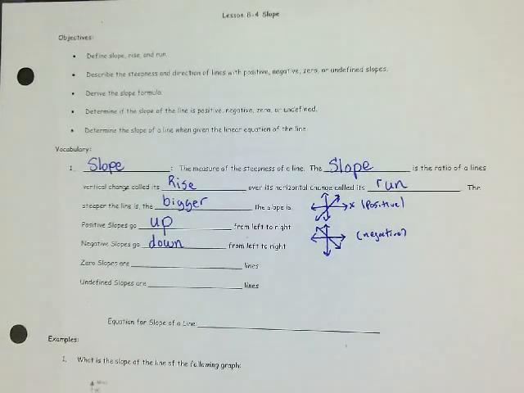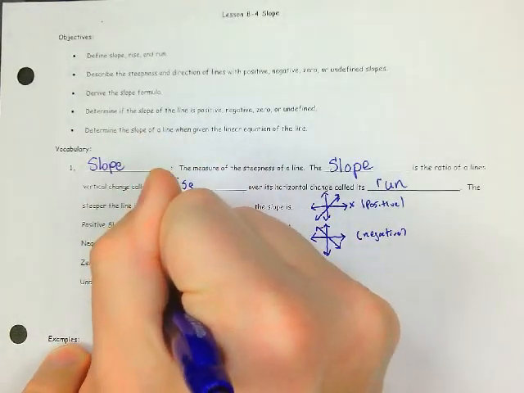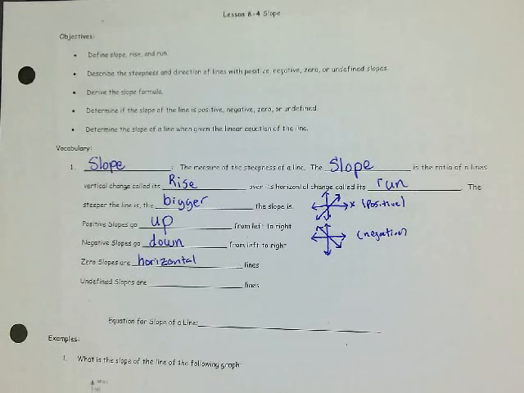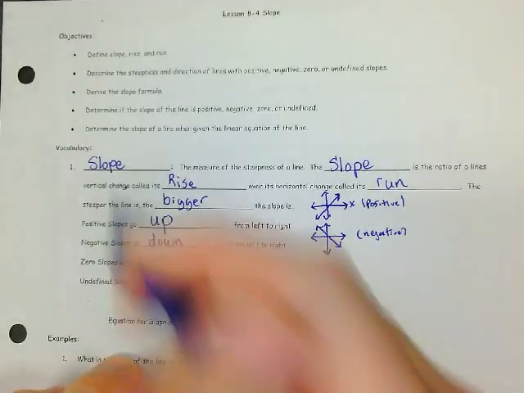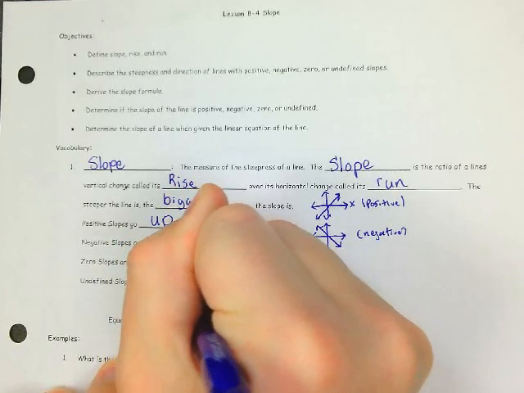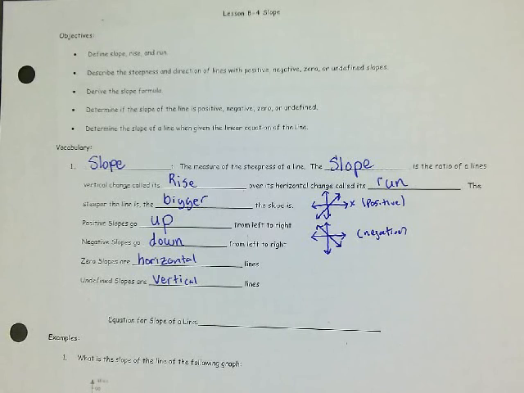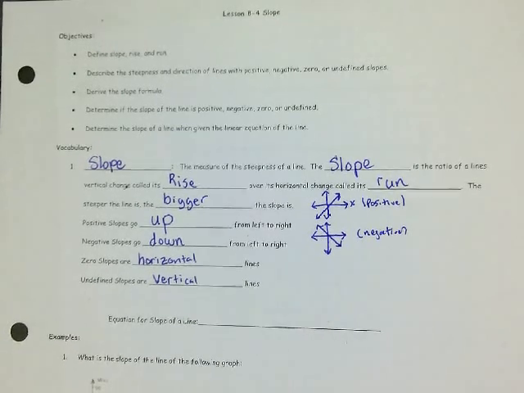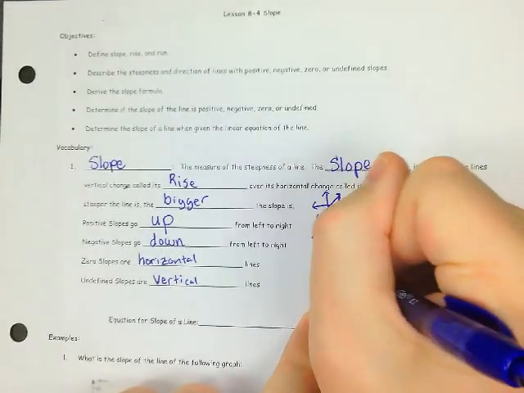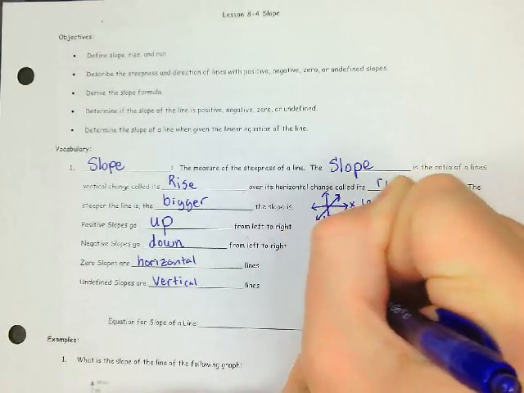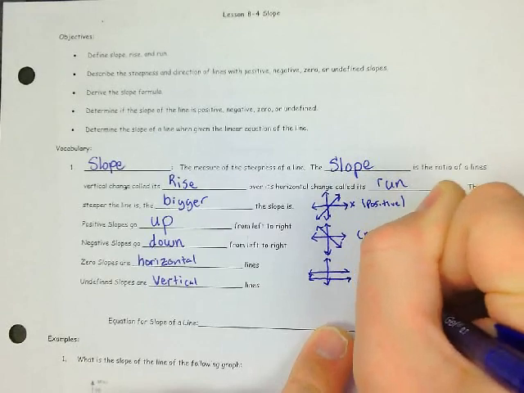Zero slopes. If you have zero slope, that is a horizontal line. And finally, undefined slopes are vertical lines. When do you think you would probably get undefined slope? Number-wise, we'll do that in a minute. So horizontal slopes, that's a zero slope.